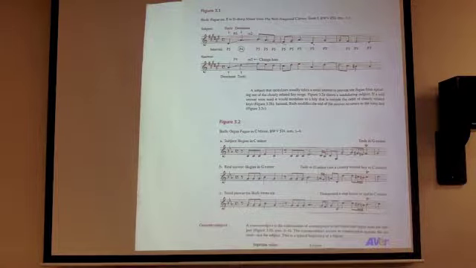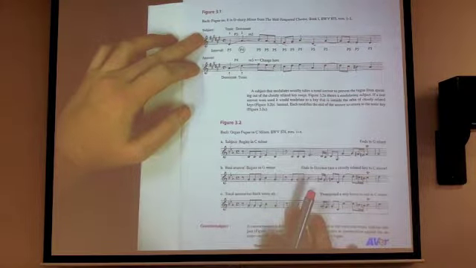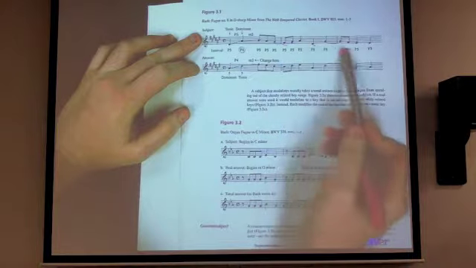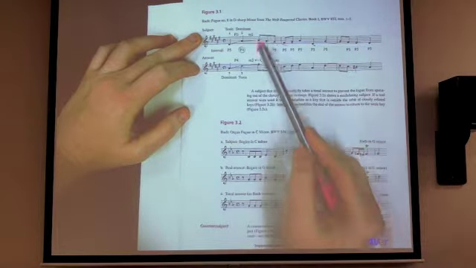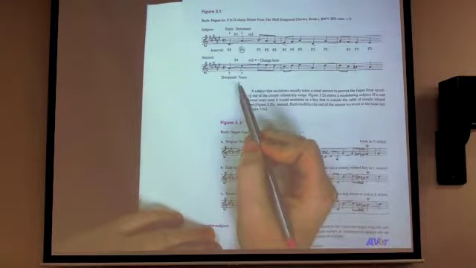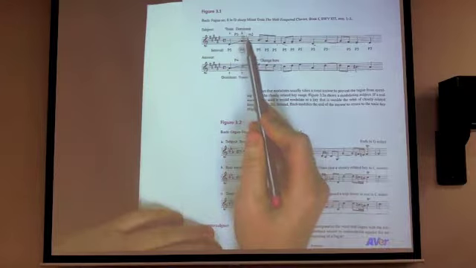All right, so do you see how it's got a lot of the same stuff in it? I mean, it still has the same contour. And even this back end is going to be exactly the same. But here's where the change happens so that it can fit into the key. So we go up a perfect fourth instead of going up a perfect fifth.